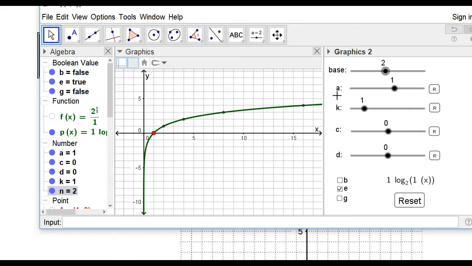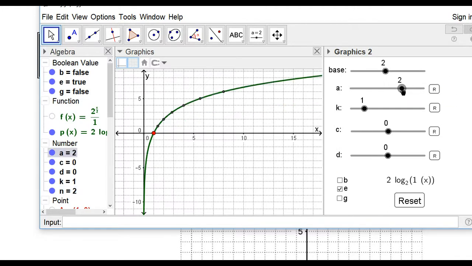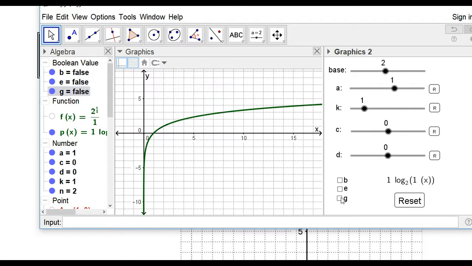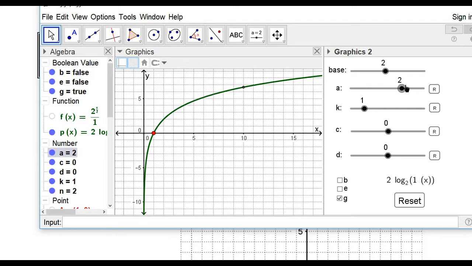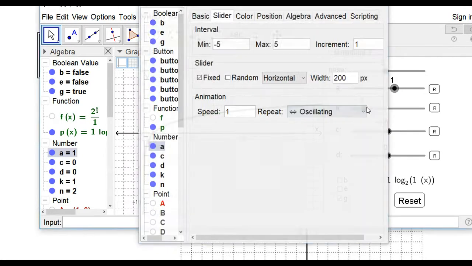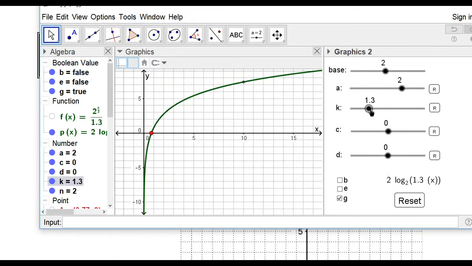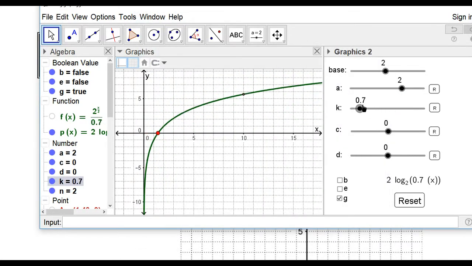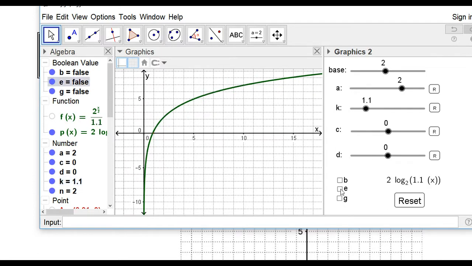So the transformations are, as always, what we would expect. If I change a, it's a stretch, and I can see that point stretching up. I can see that this point doesn't move when I stretch it this way. Let's do the k value change.